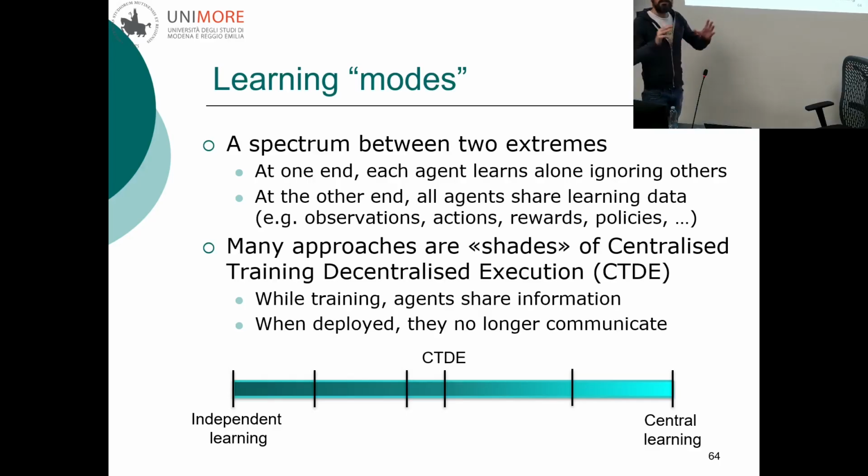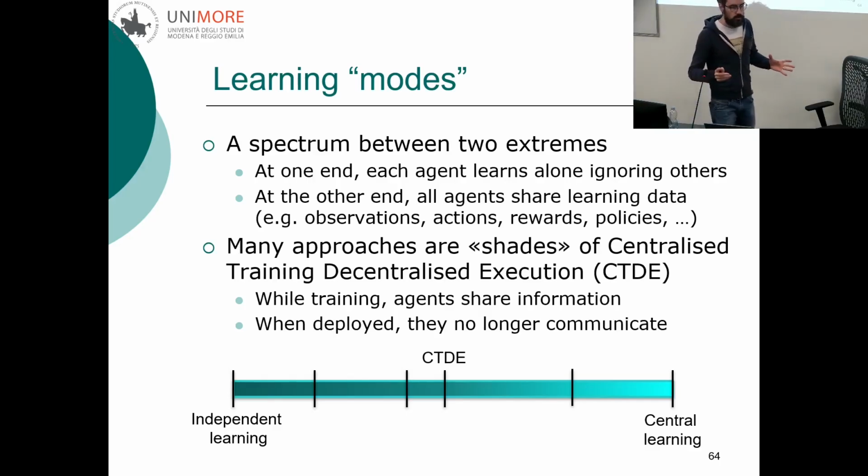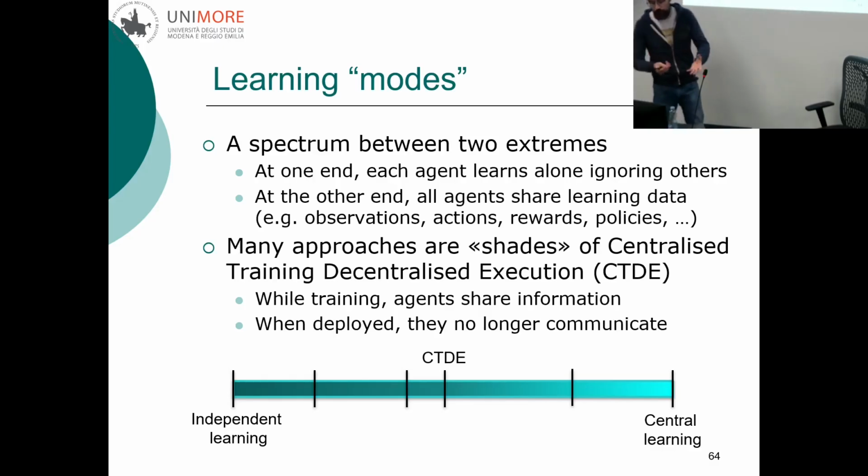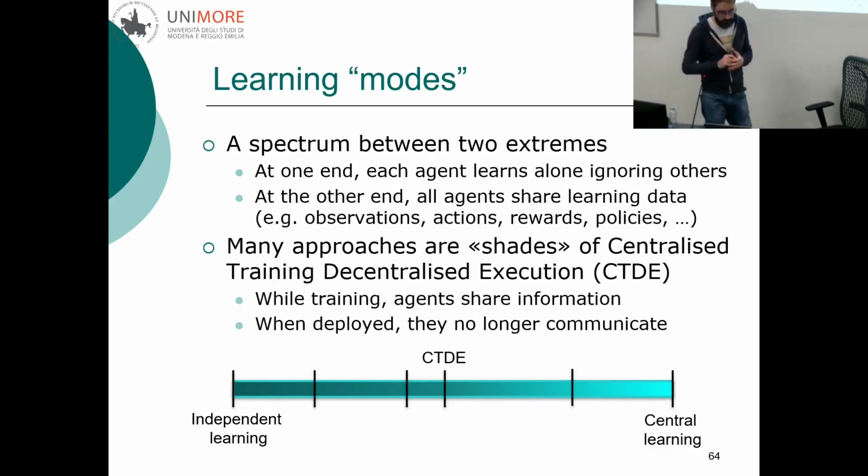Given that you are in a multi-agent world, let's first examine the two extremes of these three approaches, which in fact are more than three. It is a spectrum between two extremes.